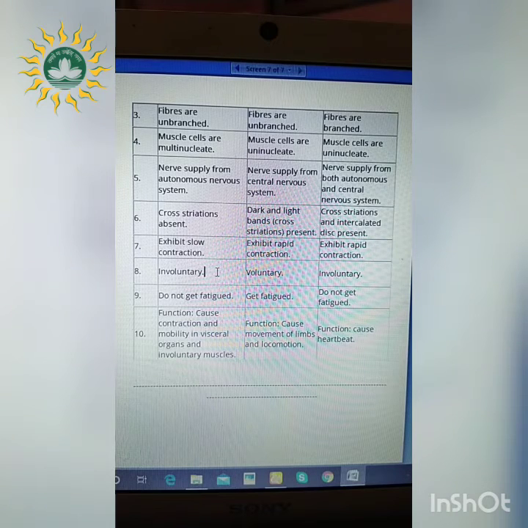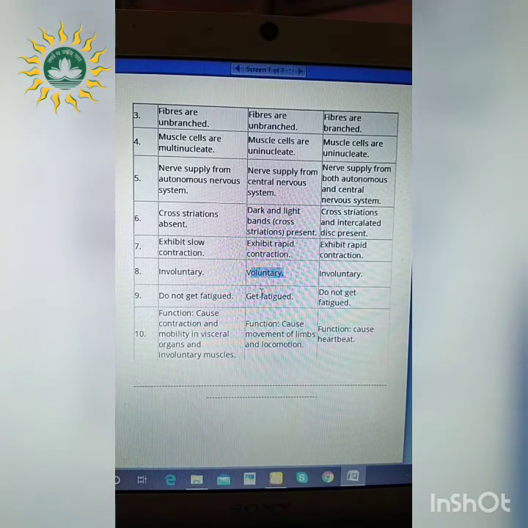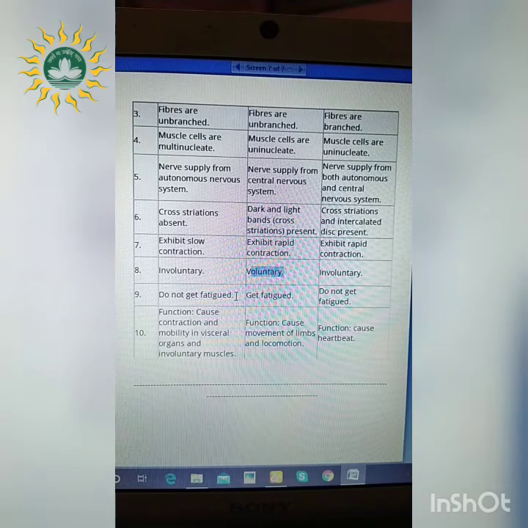Next point: the unstriated, as I have mentioned, are involuntary, and cardiac muscles are also involuntary. They are not moving according to our will. Whereas the striated muscles are obviously voluntary and move according to our will. Next point is fatigue. Both cardiac as well as unstriated muscles do not get fatigued.